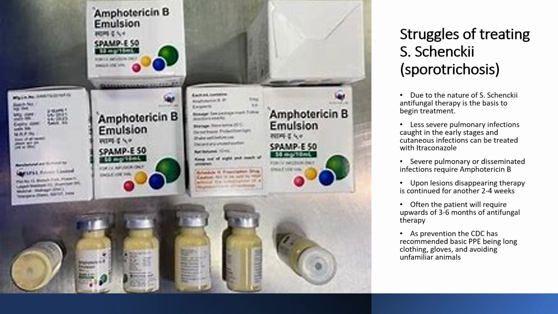Less severe pulmonary and cutaneous infections are often treated with itraconazole, and severe or disseminated infections require amphotericin B. Upon lesions disappearing, therapy is continued for 2 to 4 weeks to ensure the fungus is dead.